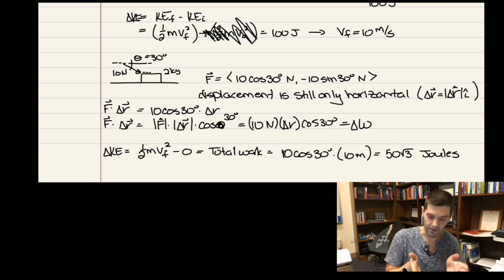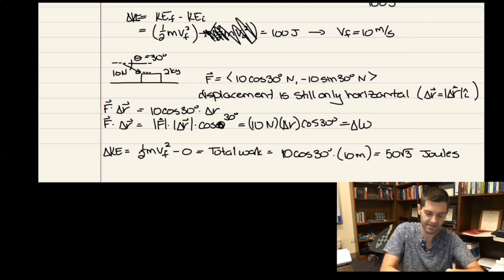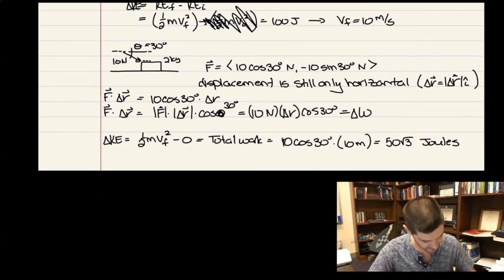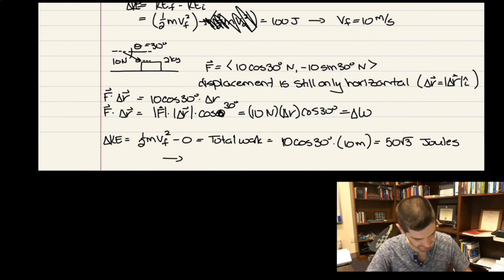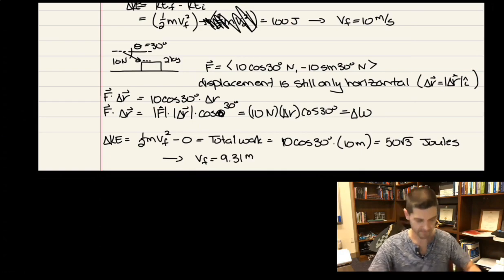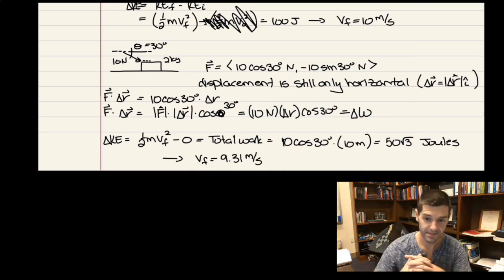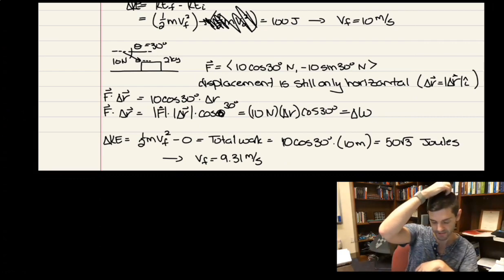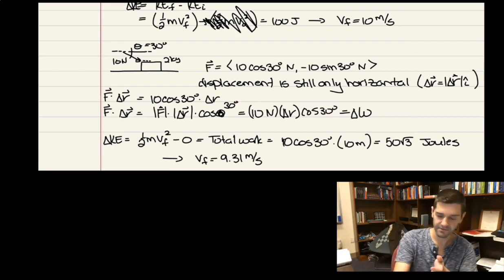Why? Because now not all of your force is in the same direction as motion. Some of your force is pushing down on the box. Not all of your force is pushing in the same direction the box is moving. So then you would find as a result the final velocity is 9.31 meters per second instead of 10 meters per second. You covered the same distance, but since you're pressing down on the box and not horizontally with the box in the direction it's moving, the final velocity that you get is not as high.